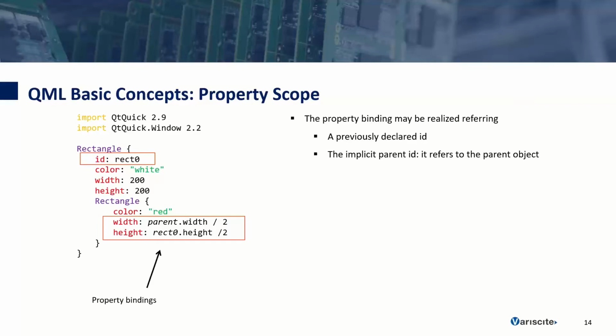In this case, we declare that the main rectangle is rect0, and we used it for the definition of the height of the red one. But the definition of the width of the red one is actually the same, because we are referring to the parent. In this specific condition, rect0 and the parent are the same object.